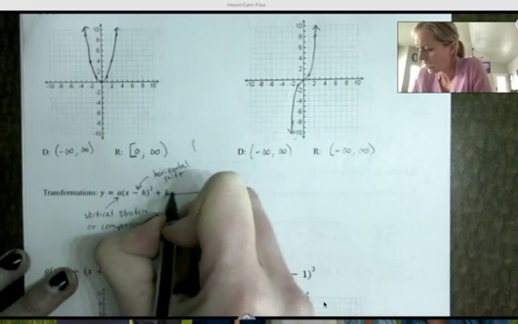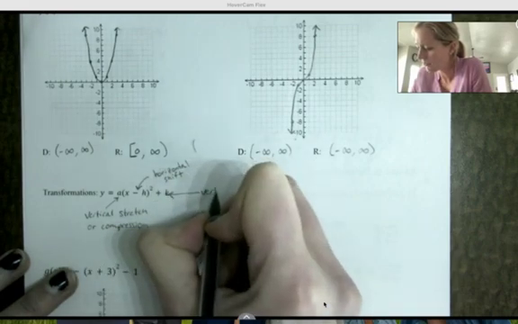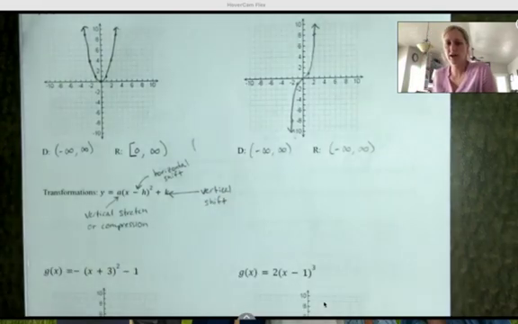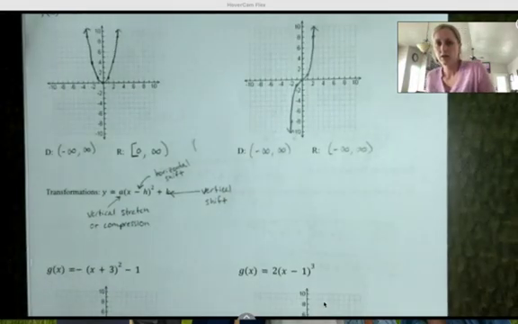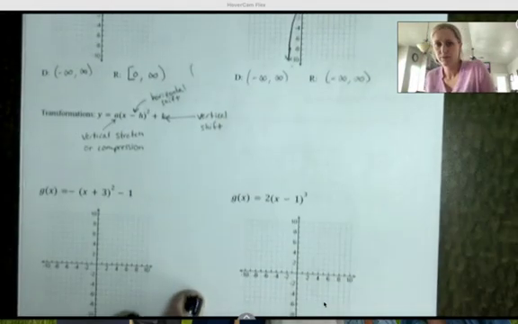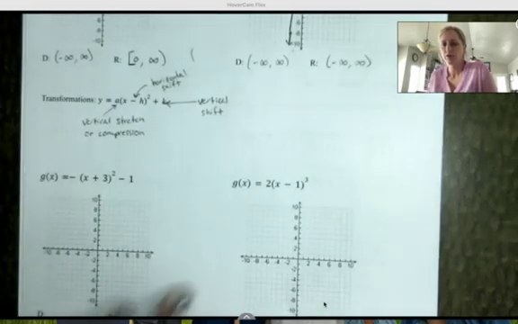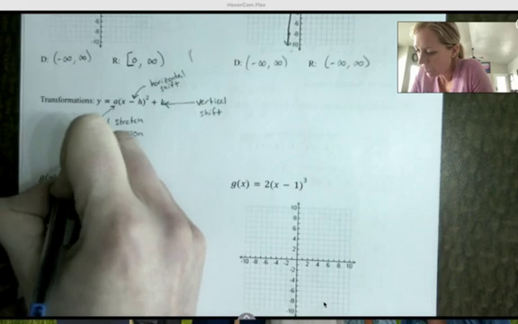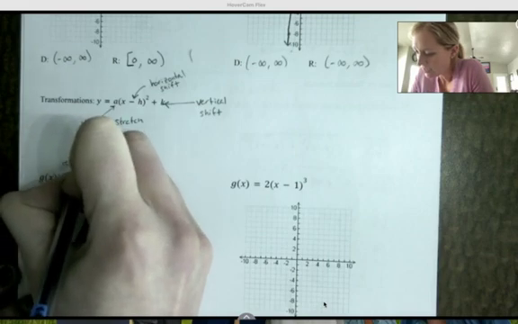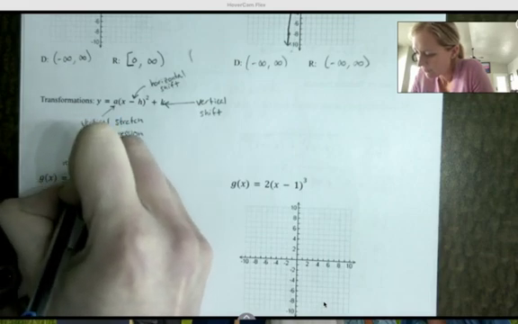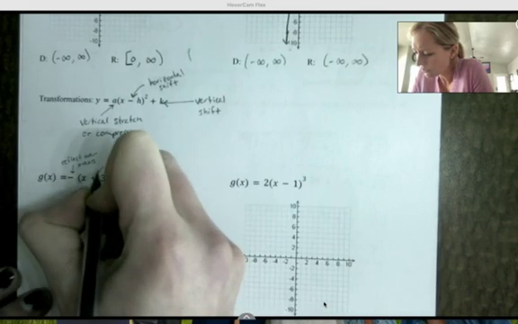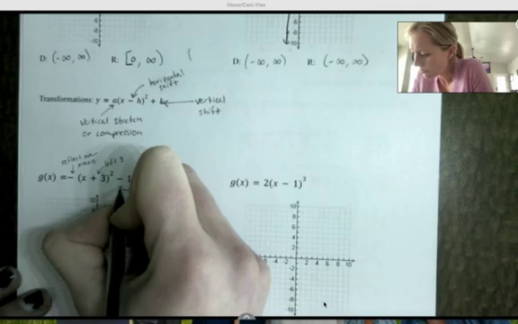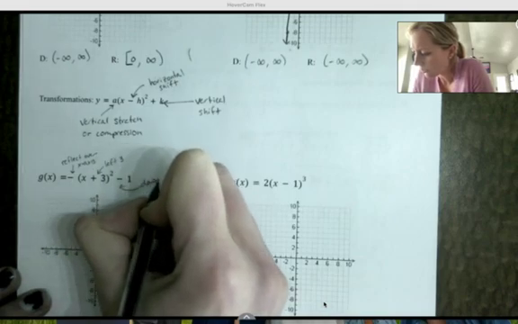And then K is a vertical shift. So we're just going to use our transformations to figure out where these graphs are. Okay, so this one is a reflection over the x-axis. This is going to be left 3, and this one is going to be down 1.